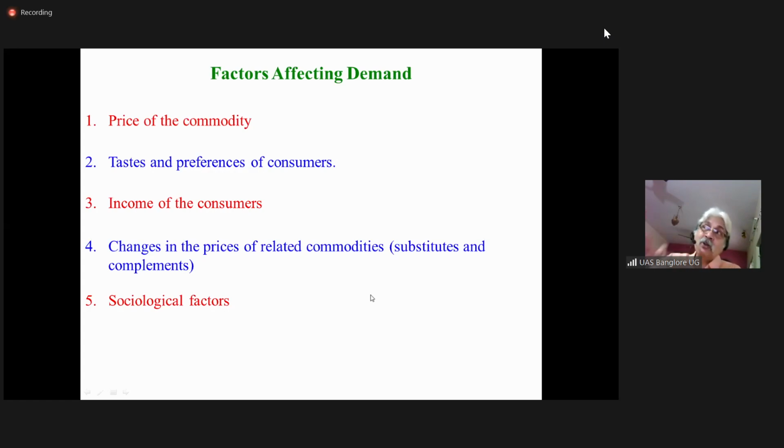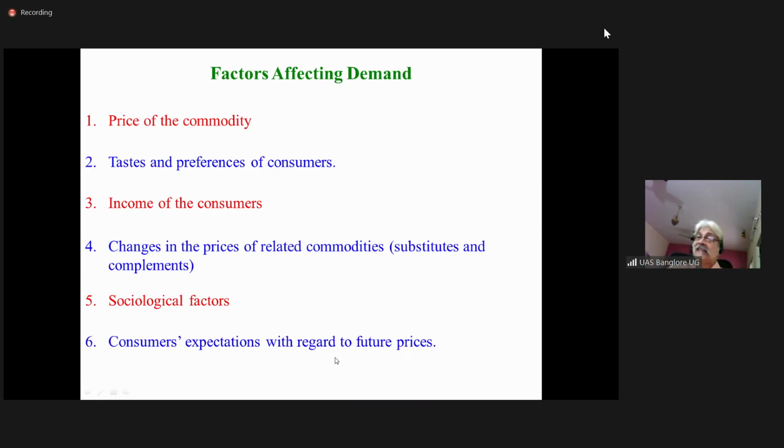So demand for such clothing will be less. But if you come to a city from a village, demand for such products will increase. So sociological factors, the customs and culture in a particular place, also affect the demand for a commodity.